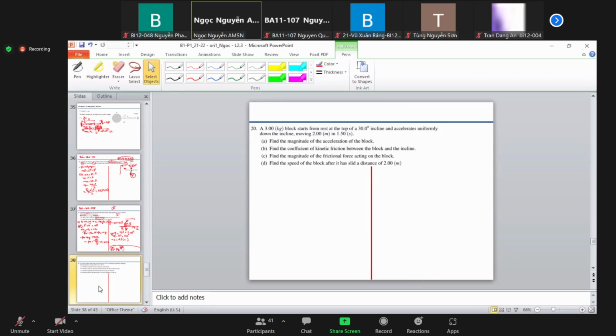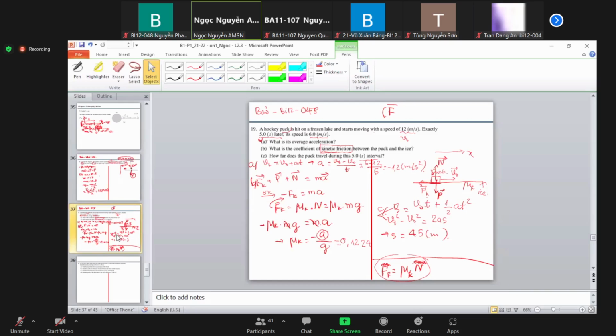So in this problem, you have to work on an incline. What is the difference from the previous problems? In those problems, N equals P, N equals mg in magnitude.